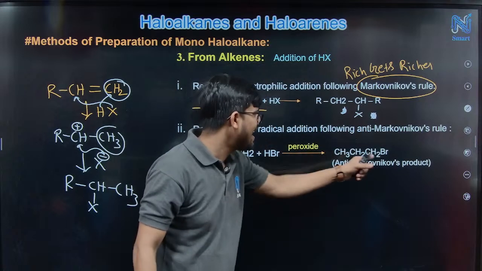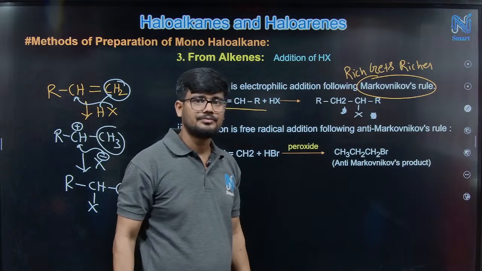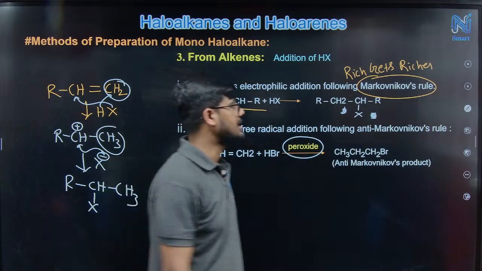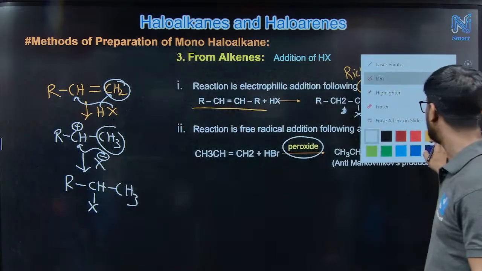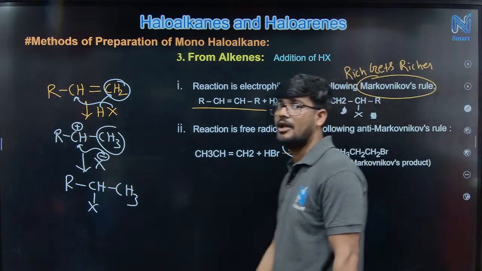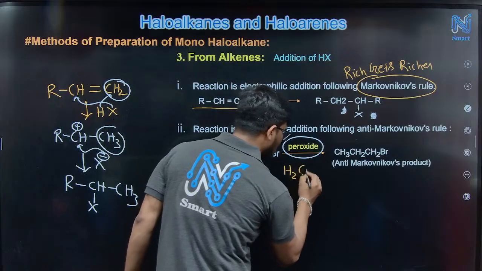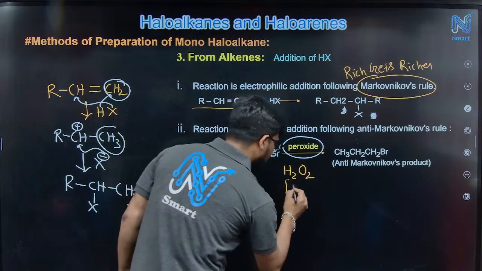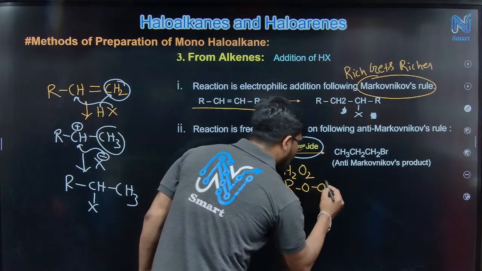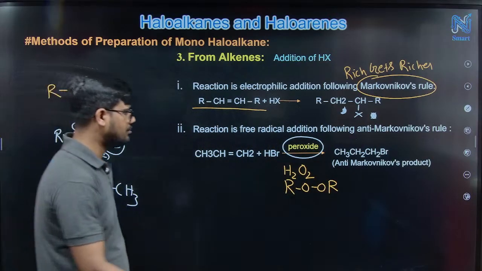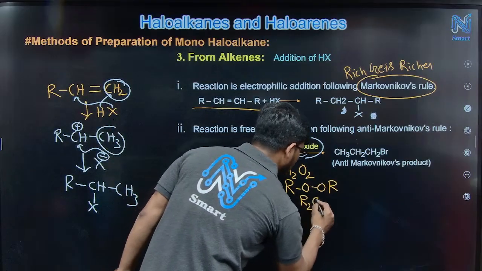Then what about the Anti-Markovnikov product? Here peroxide comes into the picture. What is this peroxide? Peroxide means you can consider H2O2, hydrogen peroxide, or ROOR, in simple way R2O2.